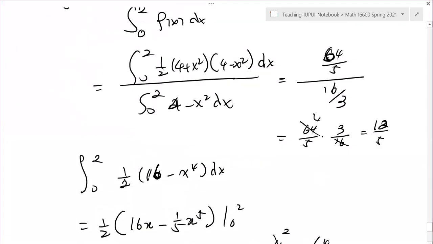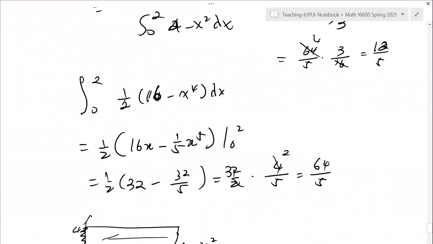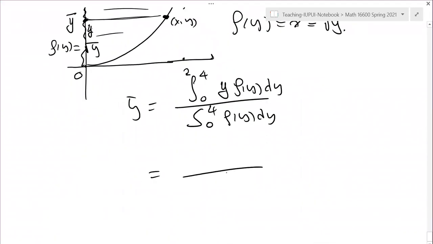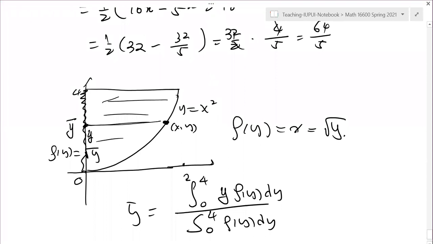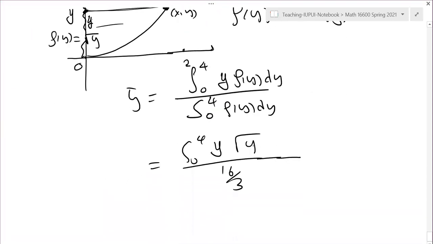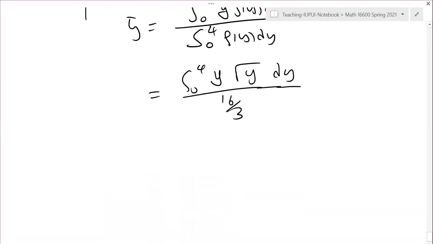Okay, this is 16 over 3. I don't need to waste time to evaluate. So where's my rho of y? Rho of y is square root of y.